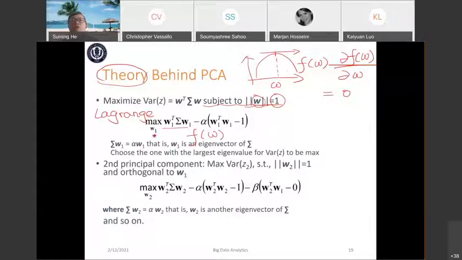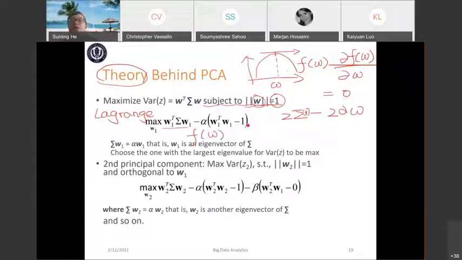For this part, we know that sigma here is a constant, and then we take the derivative, and we find that the derivative of this formula f of omega equals 2 sigma omega minus 2 alpha omega.